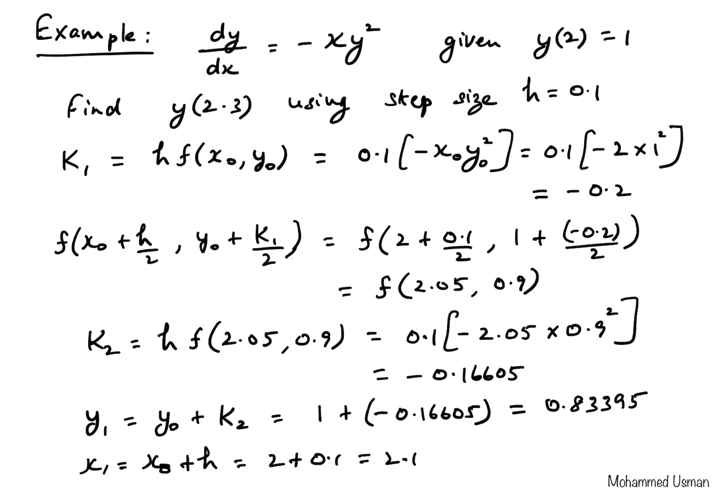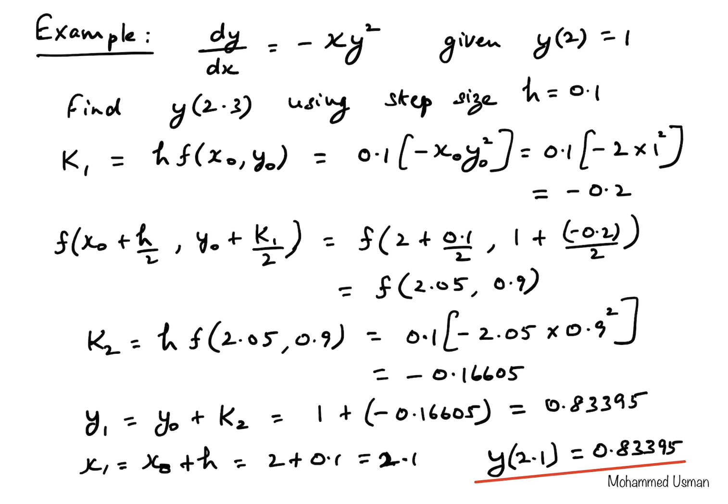So when x equals 2.1, y equals 0.83395. So that means y of 2.1 is equal to 0.83395. Okay, so that's our first iteration completed.